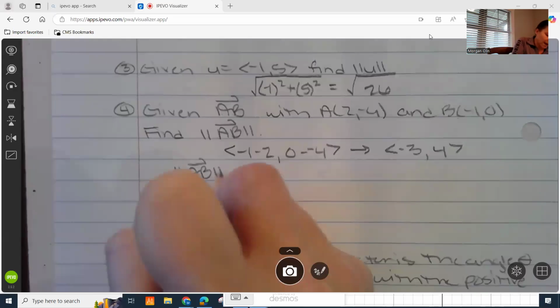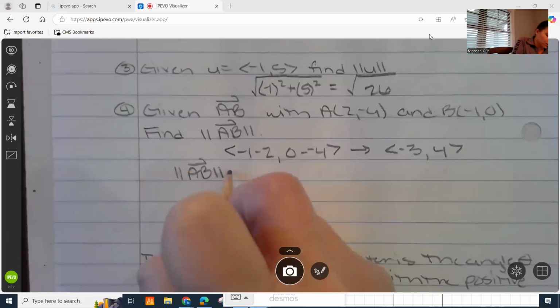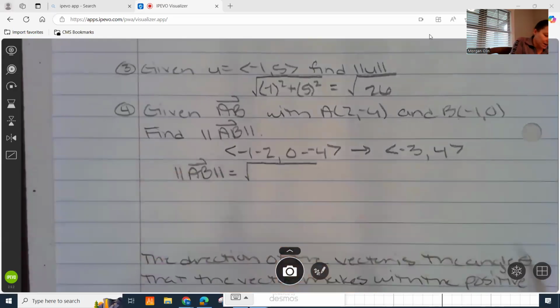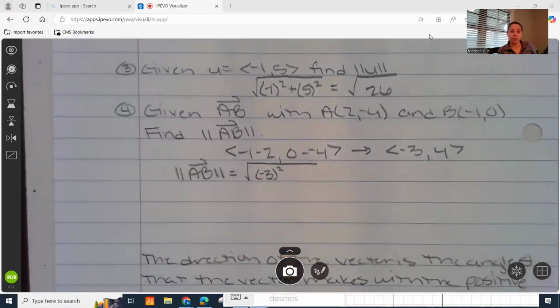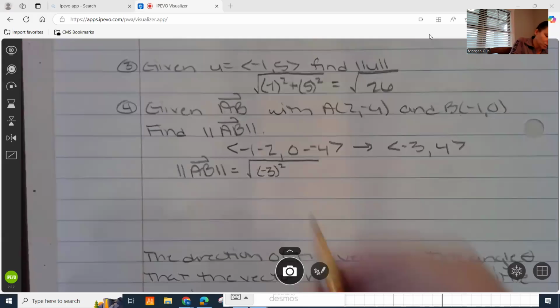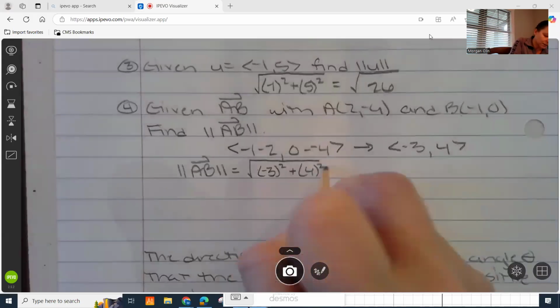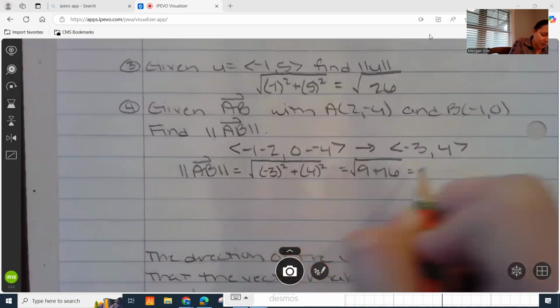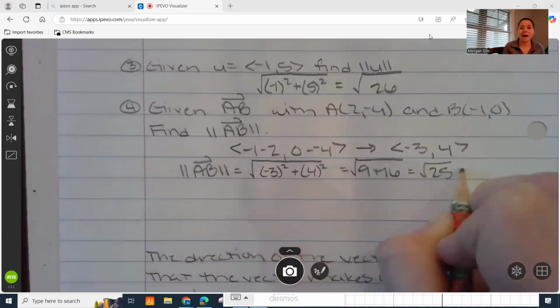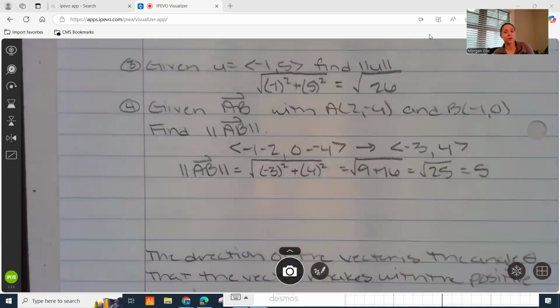So the magnitude of AB is going to be the square root of -3 squared plus 4 squared. Make sure if you put this in a calculator, you put it in parentheses, although we should know what -3 squared is. So this is 9 plus 16, so the square root of 25. This one does reduce, and so the magnitude of this vector is 5.